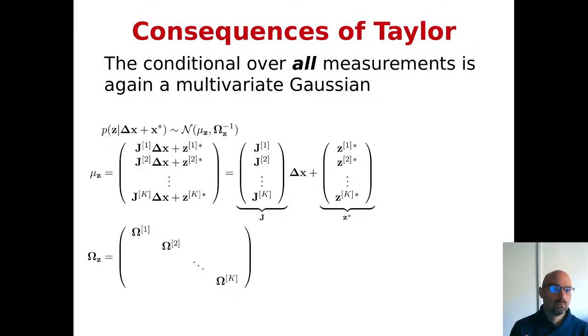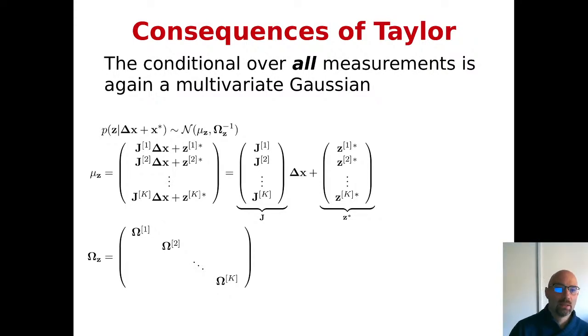We could easily describe this total joint distribution just by taking each measurement and each prediction and stacking them one on top of the other.